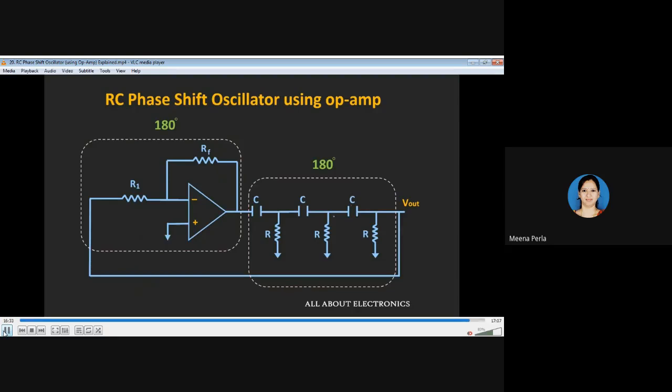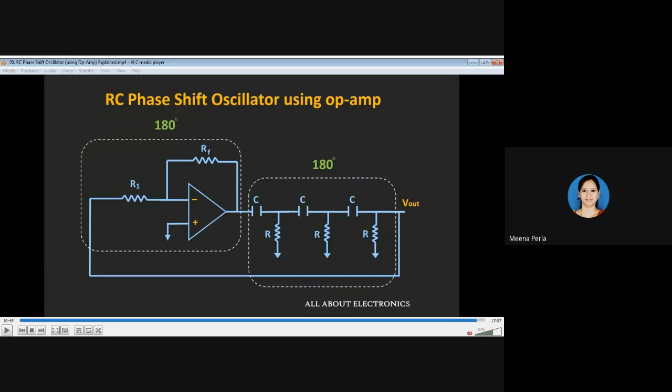So here in this RC phase shift oscillator, all the capacitors are ganged together. So by changing the value of one capacitor, we can control the other capacitor values. So we can tune the frequency of this RC phase shift oscillator to one particular frequency. Okay, so this is how we have seen the design of RC phase shift oscillator using an op-amp.